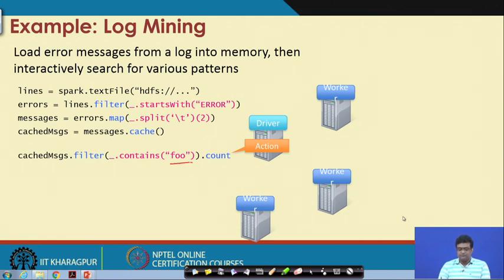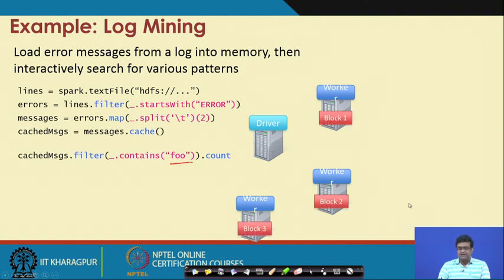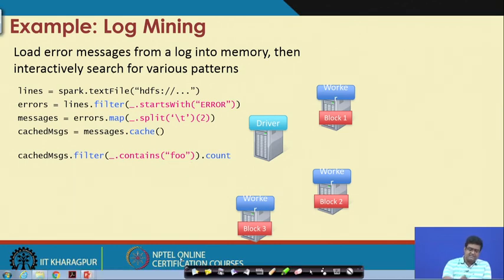Okay. So, what will happen is that all these blocks will be created from the cached RDD. So, this entire code will now be executed. Up till this line, no code has been executed.